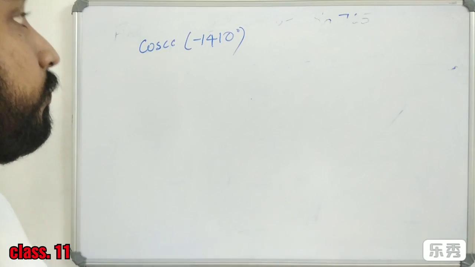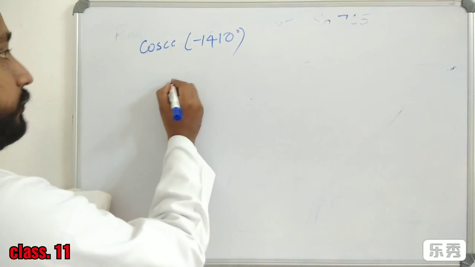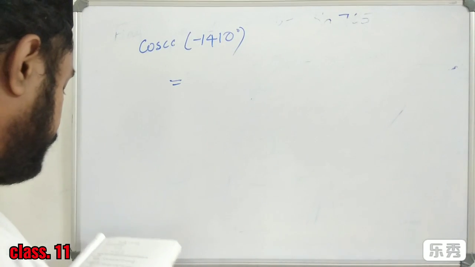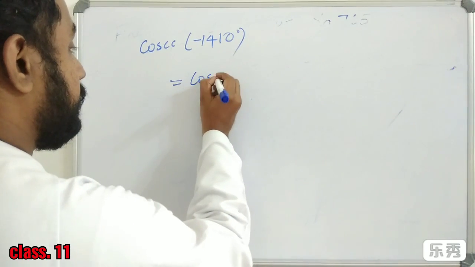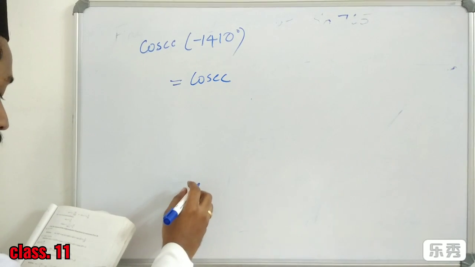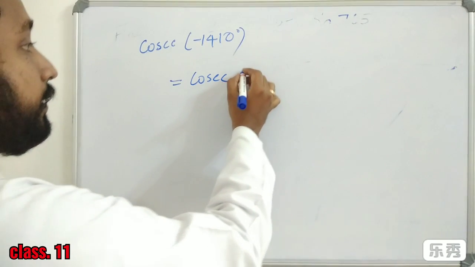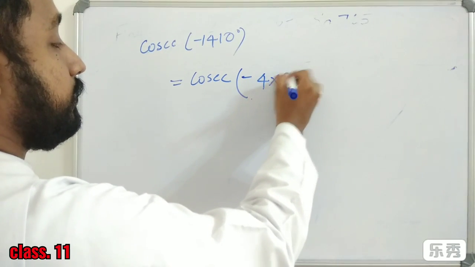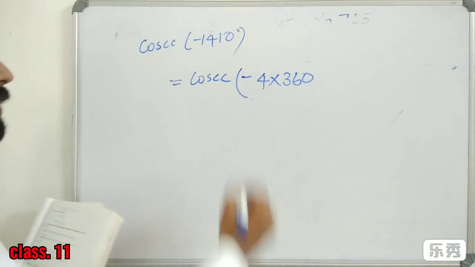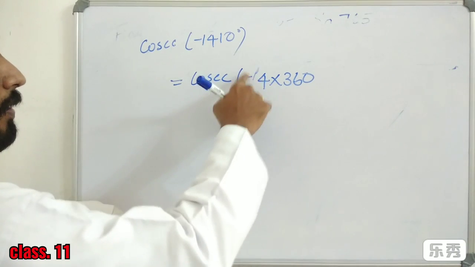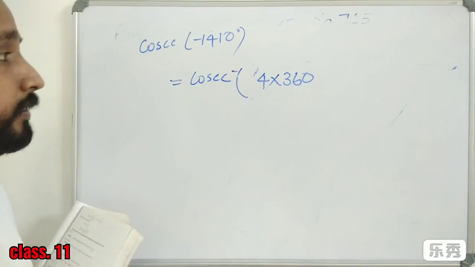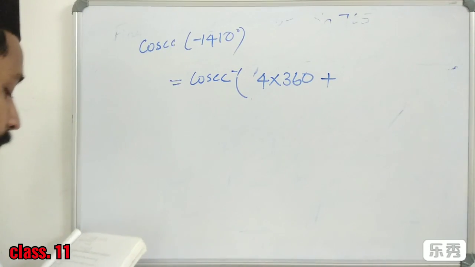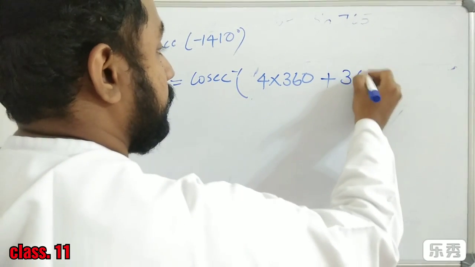Just like with multiples of 360, we can write cosec of minus 4 into 360 plus 30 degree.